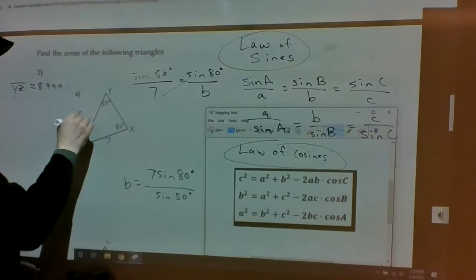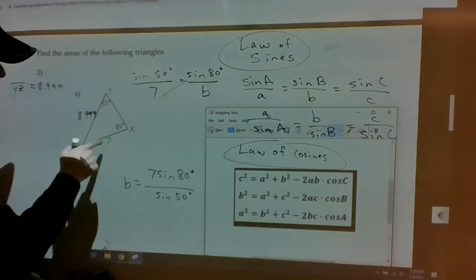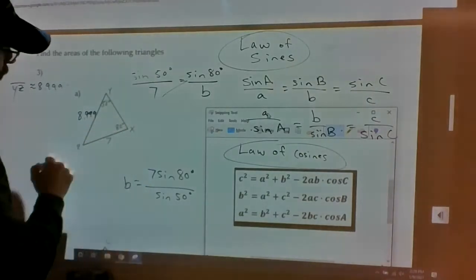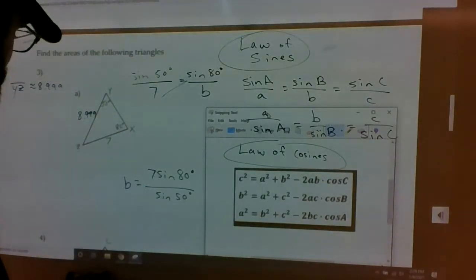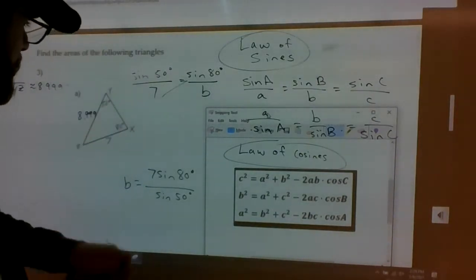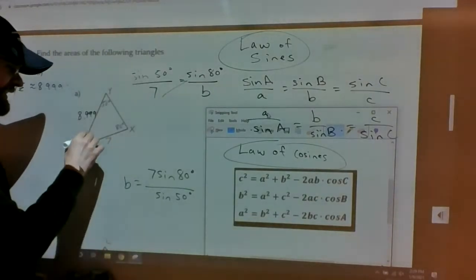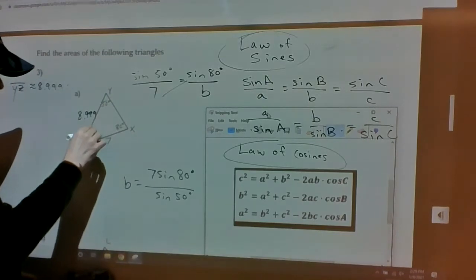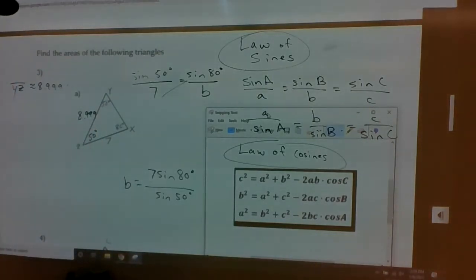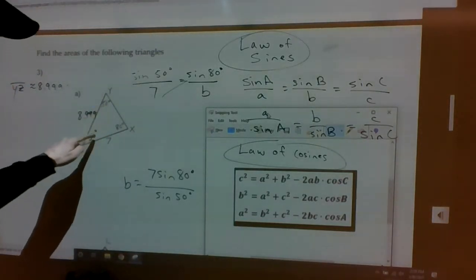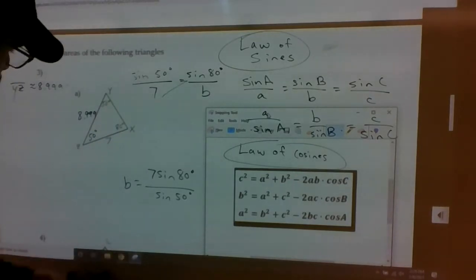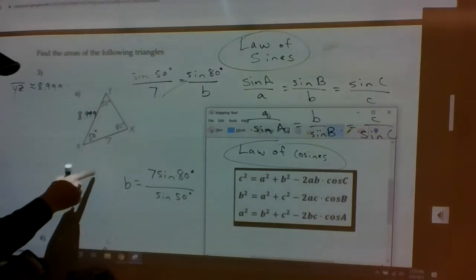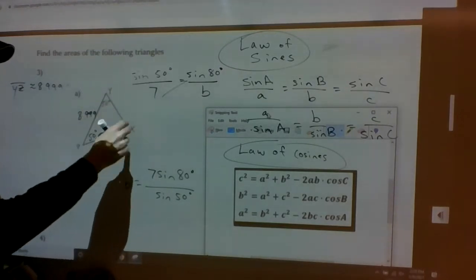So now that we've got that this is 8.999, we could solve the opposite side. Well, actually, maybe we can't because we don't have this angle. Wait, we do have this angle. It's got to be 50 degrees, right? Because 50 plus 50 plus 80 is 180. Actually, this is an isosceles triangle, see? Two bases. So if this is 7, that means this has to be 7 too.